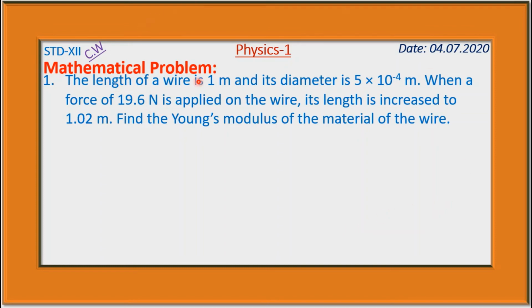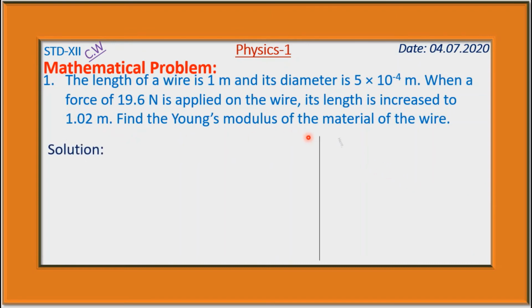Here the length of the wire is 1 meter, its diameter is 5 into 10 to the minus 4 meter, and the applied force is 19.6 Newton. Due to this applied force its length is increased to 1.02 meter, that is, the increase in length is 0.02 meter. We have to determine the Young's modulus of the material of the wire.